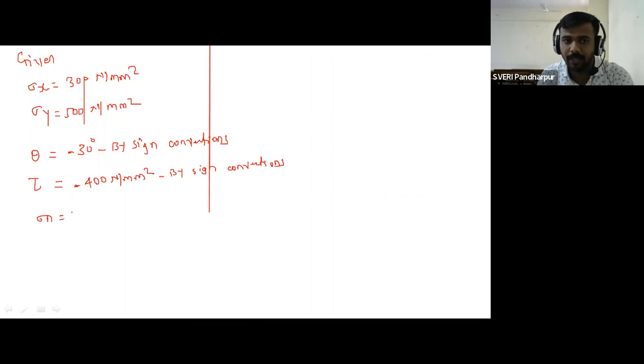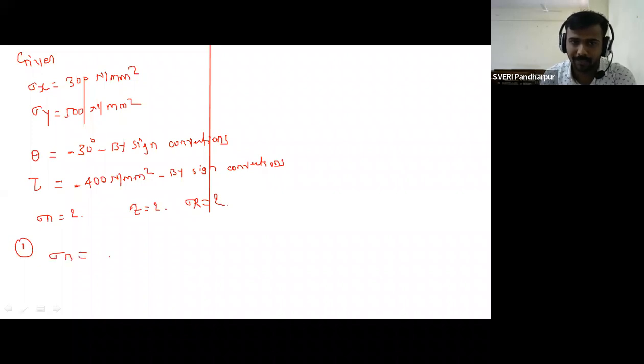And we have to calculate sigma n, sigma t, and sigma r. The process we followed for the previous problem, we have to follow the same.